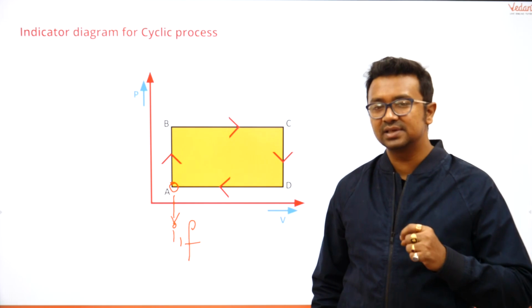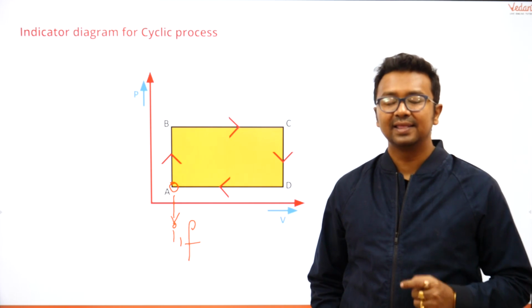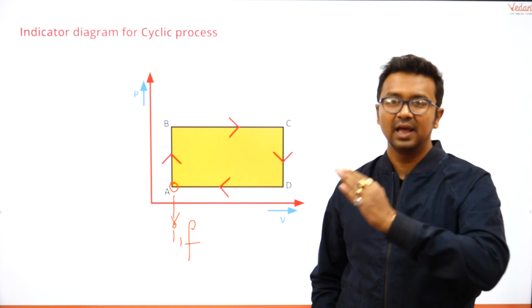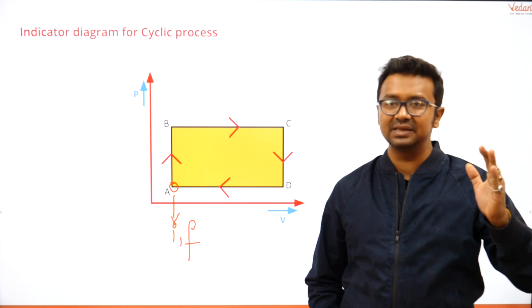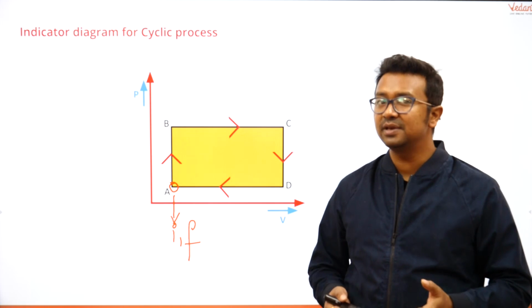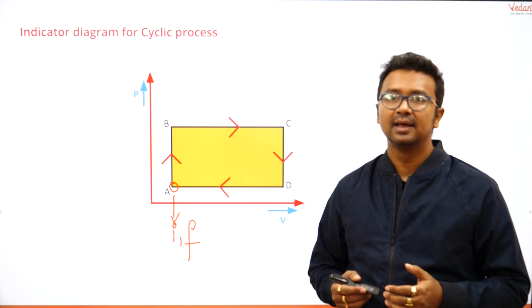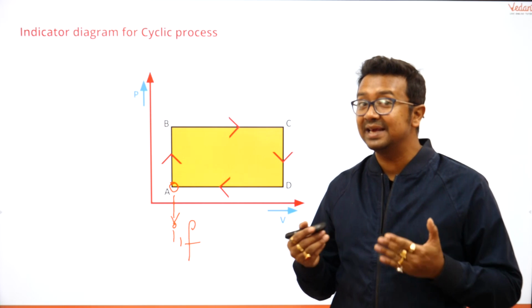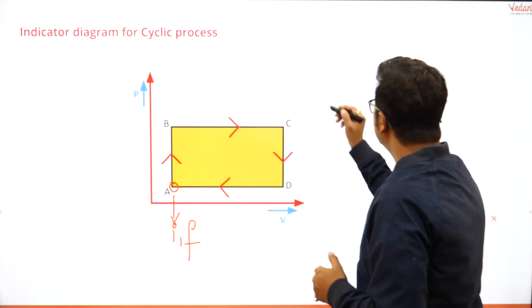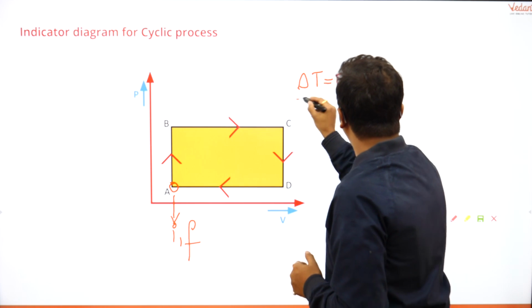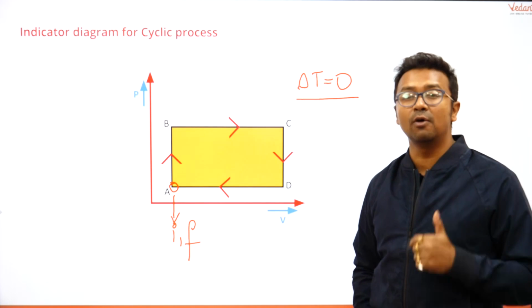Then, my dear students, what do I conclude from here? The initial thermodynamic variables, that is pressure, volume, temperature, and the final thermodynamic variables, that is pressure, volume, temperature, both are the same. That means there has been no change in the temperature of the system. Now, delta T is equal to what? 0. Students, if my delta T is 0, then what do I conclude from here?